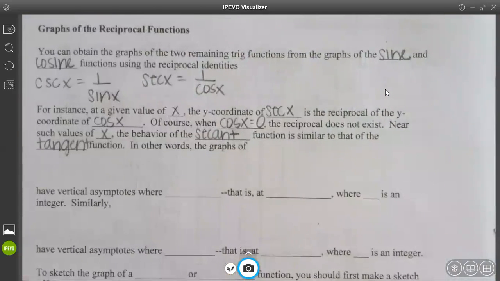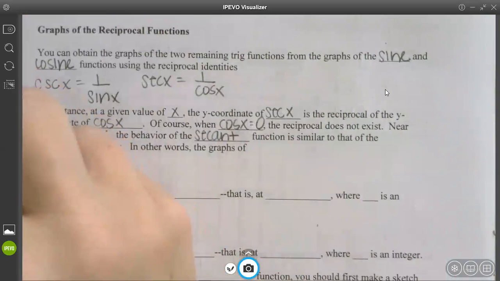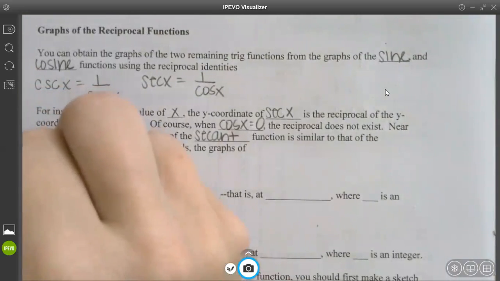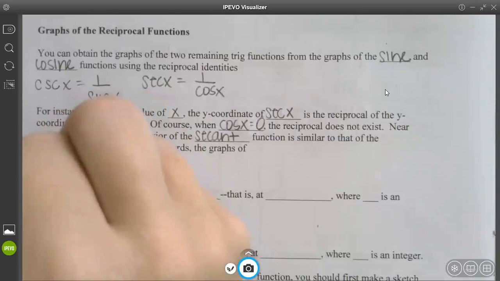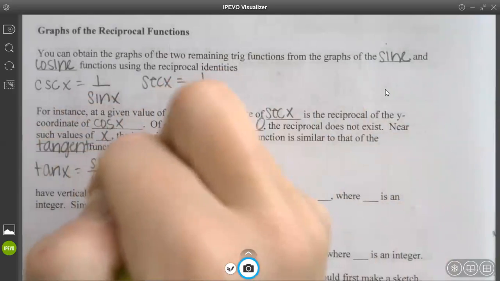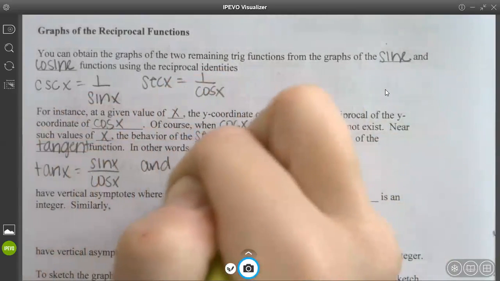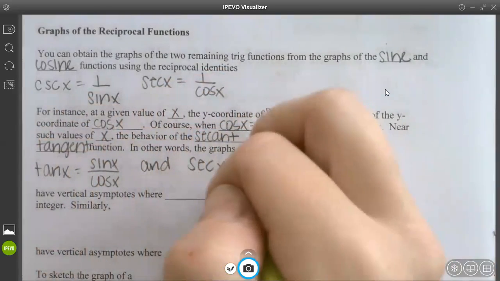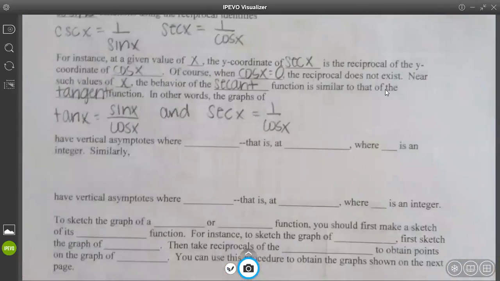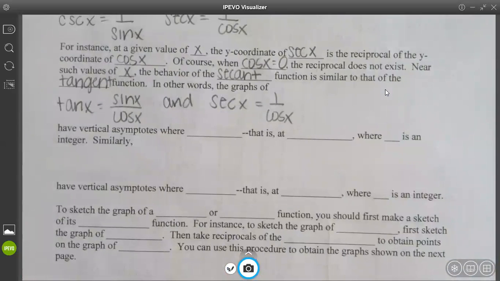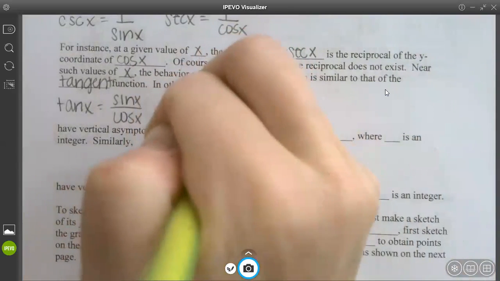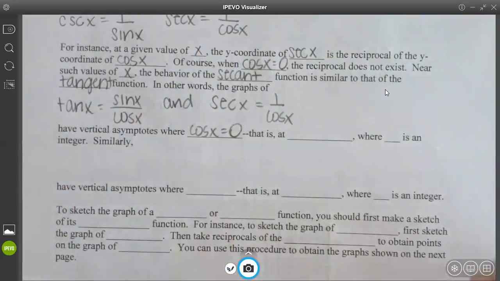In other words, the graphs of tan x, which we said was sine/cosine, and secant, and the reason they group these together is because they both have a denominator of cosine x, have vertical asymptotes where cosine x equals 0.